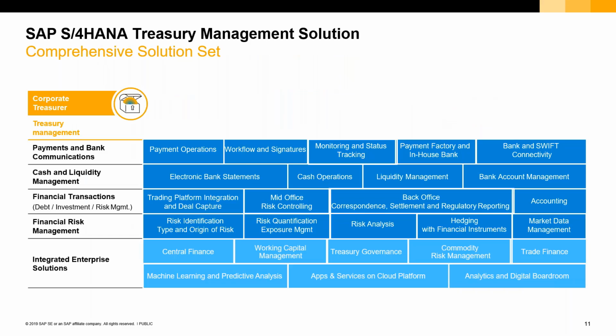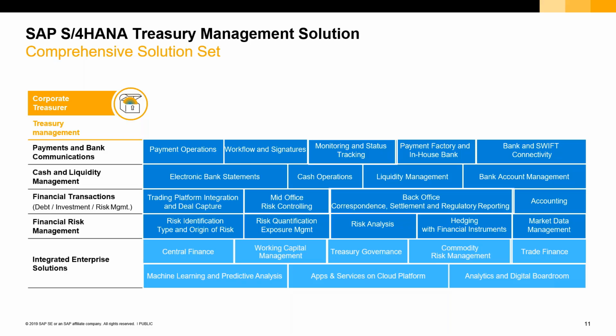Here you see the solution map for the SAP Treasury S/4HANA solution. And you will see that it spans everything from payments and bank communications to your cash and liquidity management, your cash position on a daily basis, and your liquidity management or your liquidity forecast for future transactions.